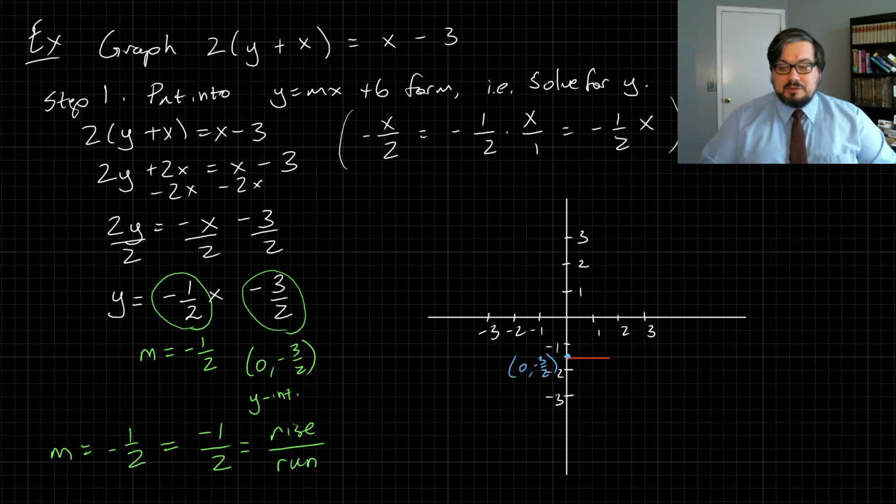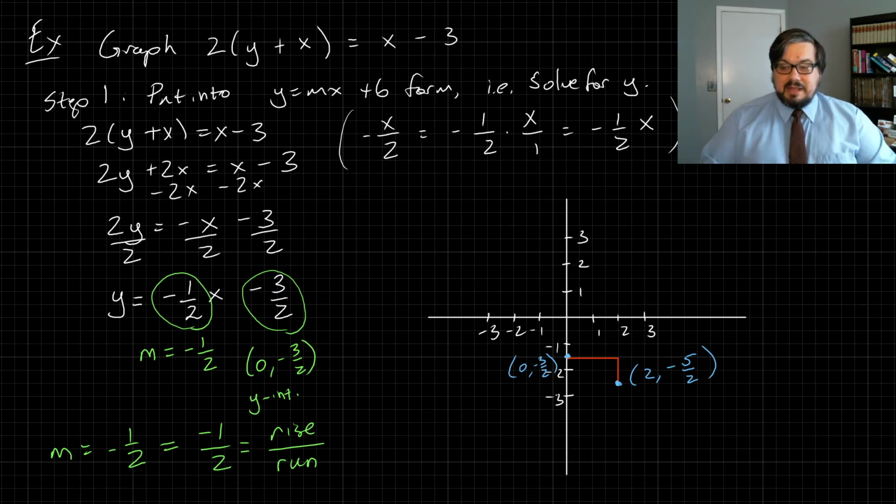Because my point was halfway between integer marks on the vertical axis, when I shift exactly 1 down, I'll still be halfway. So moving over by 2 and down by 1 gets me to the point (2, negative 5/2).